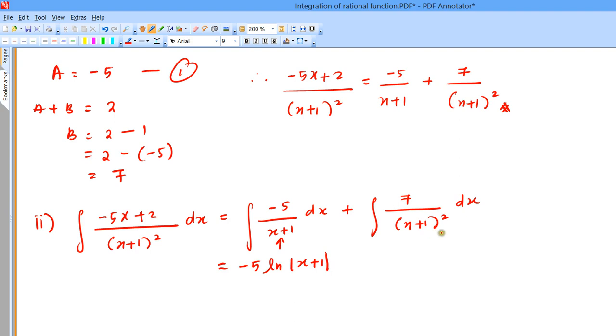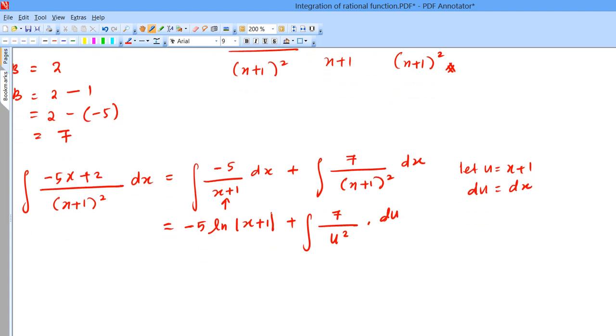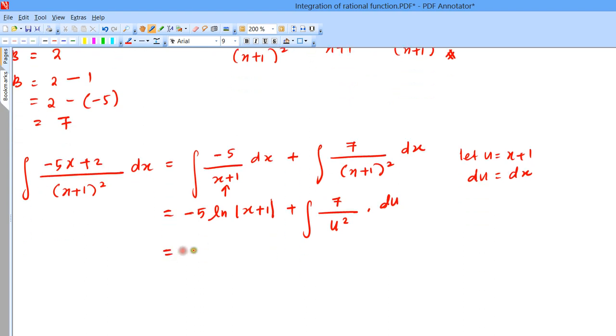Okay, for the second term, since the denominator is quadratic, we can let it be u. So let u equal to x plus 1, du equal to dx. Okay, plus integrate 7 over u square du, we can simplify this, equal to negative 5 ln x plus 1 plus integrate 7u power negative 2 du, and then we can integrate.